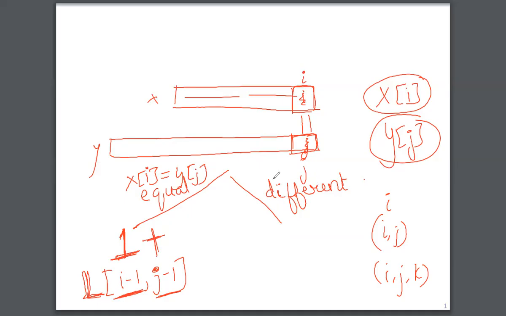If they are different, that means x of I is not equal to y of j, then what do you do now? Then you look at the last character. Suppose x of I is not equal to y of j.